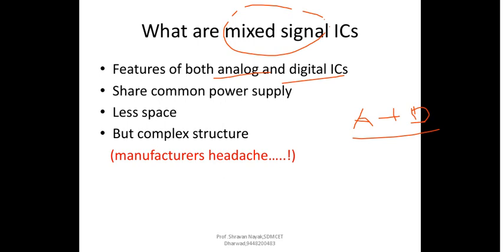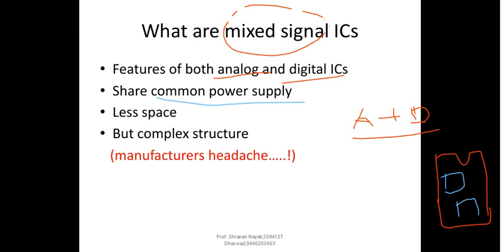Now, if some IC has the features of both analog and digital ICs, you would think about the advantages. The most important advantage here is that they share a common power supply. Something is analog here and something is digital here, so you need not have two different supplies. With a single power supply, it is possible for us to operate the IC.